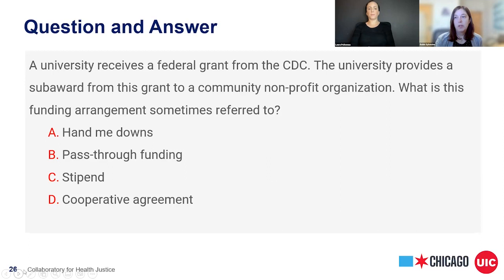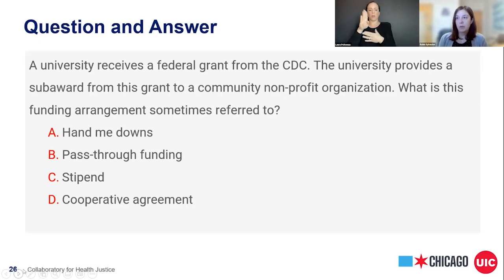This is our second question. A university receives a federal grant from CDC. The university provides a sub-award from this grant to a community nonprofit organization. What is this funding arrangement sometimes referred to?